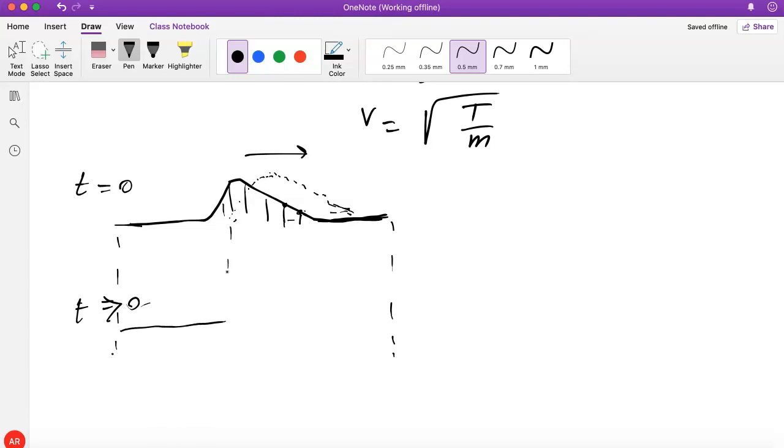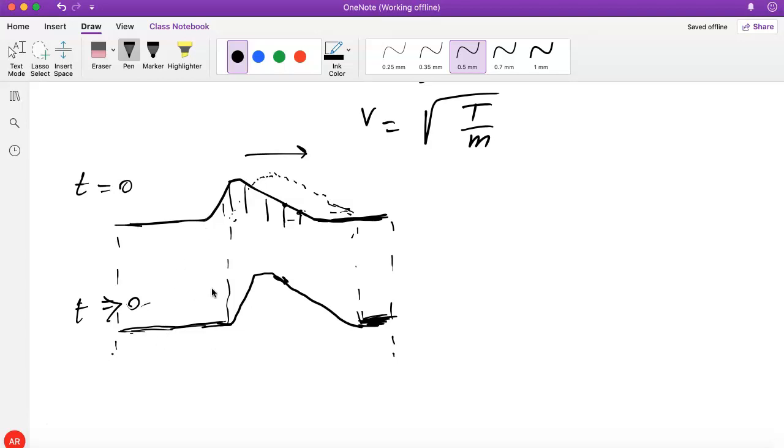So if I go here, my pulse shape would look something like this a little bit later. If you take another snapshot, another picture of this entire rope a little bit later, these are at the same height here, you just see this pulse which has moved some distance to the left, the entire thing.